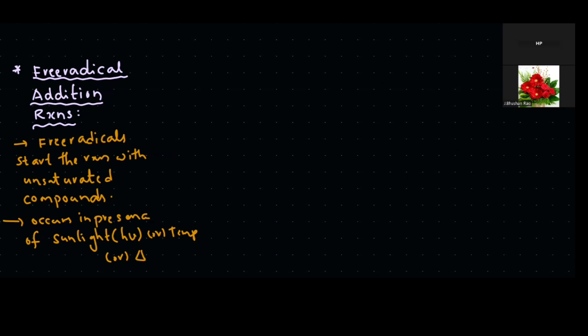Now one example: CH3 CH double bond CH2. This is the propene molecule.